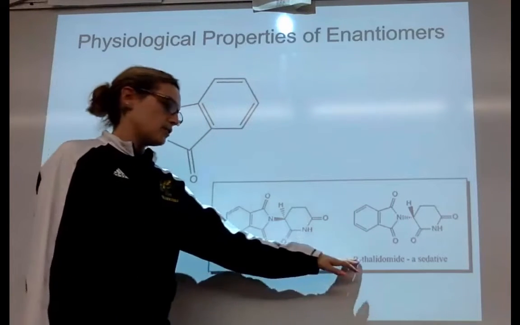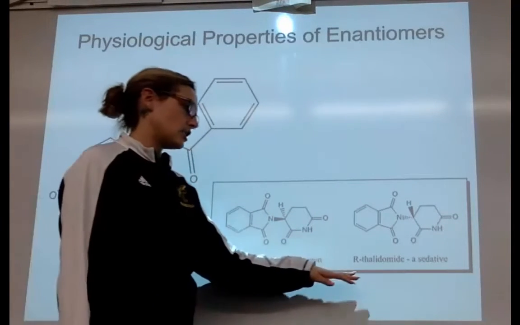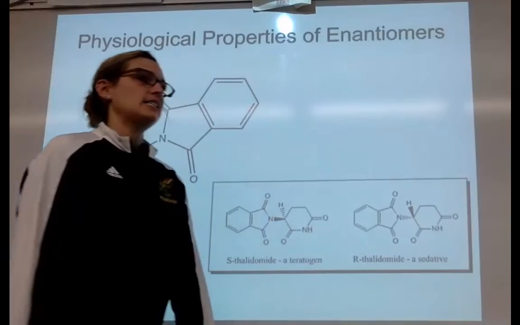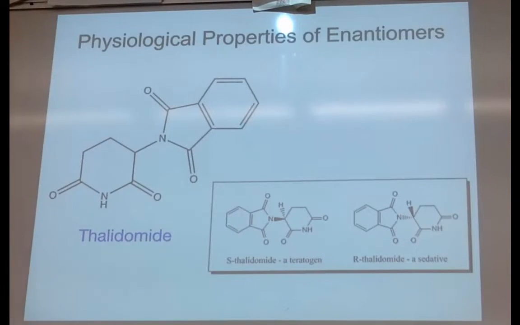Our thalidomide, so again, this R and S designation, R-thalidomide is a sedative. It's given to help calm. S-thalidomide is what they call a teratogen that was actually given to women in the 50s that caused birth defects.